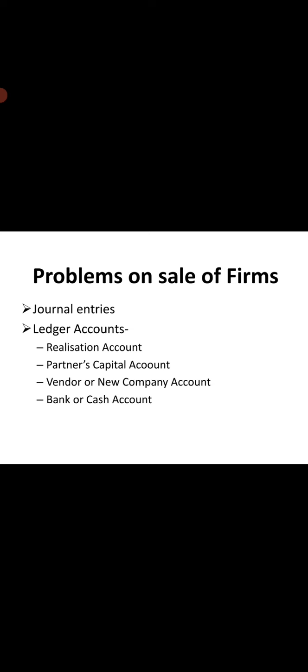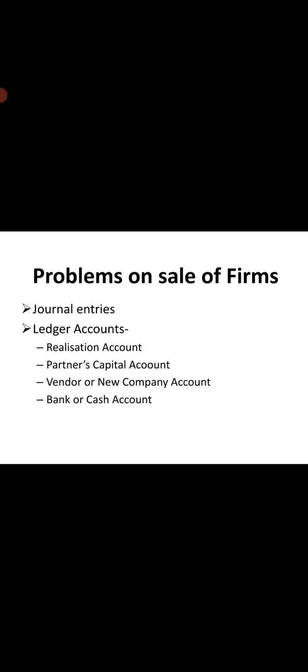Generally, in the examination, the students can expect either only journal entries or ledger accounts. But for the convenience of the students, in this problem we have dealt with both aspects, journal entries and ledger accounts. I read out the problem.